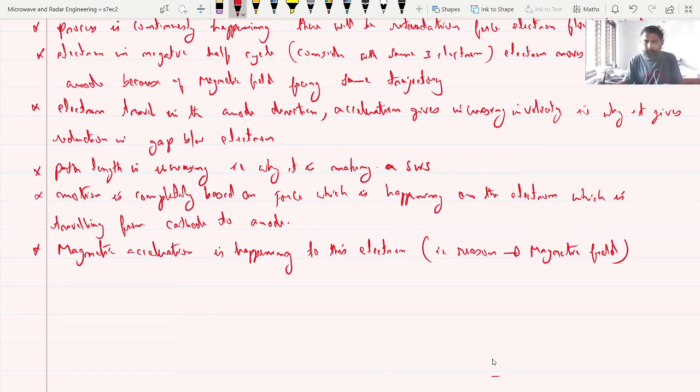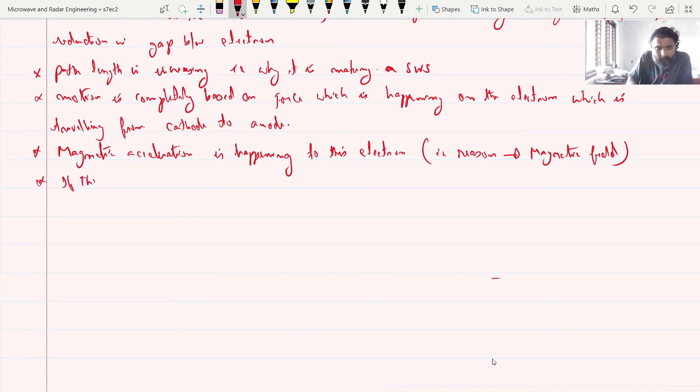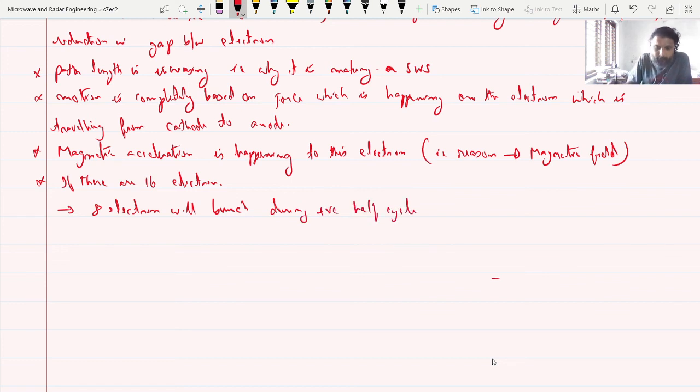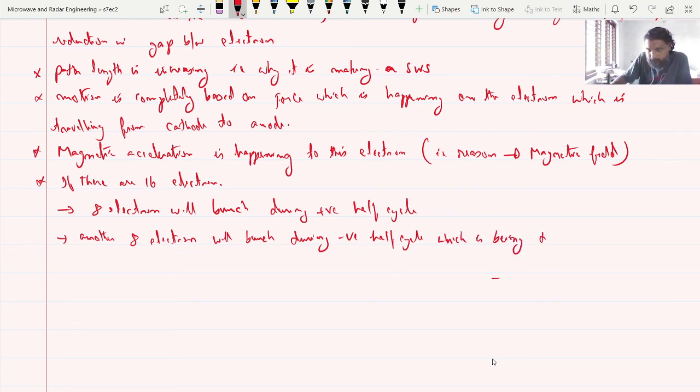So if there are 16 electrons, what happens? 8 electrons will bunch during the positive half cycle, and another 8 electrons will bunch during the negative half cycle, which is being delayed by some amount.